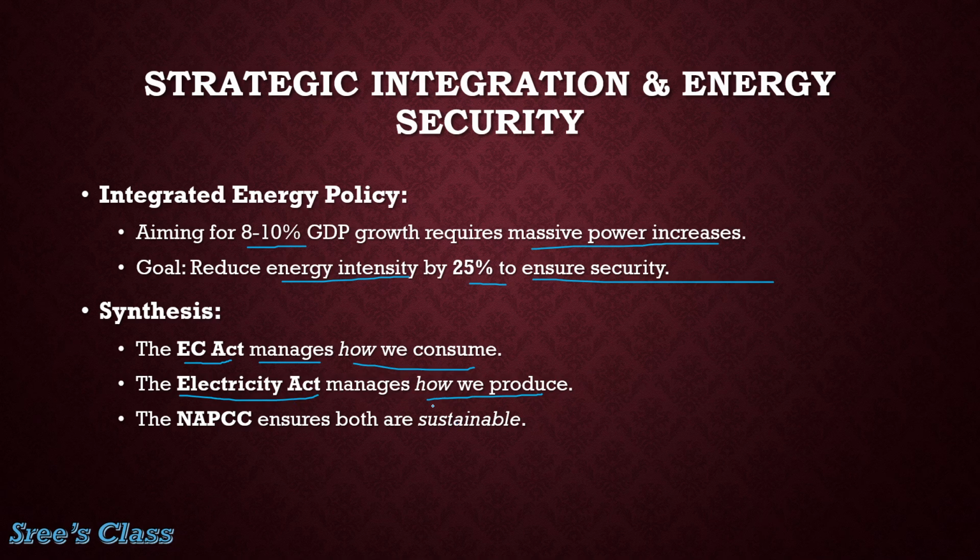The Electricity Act is related to production of electricity or energy, basically. Once we have produced, how we consume will be in the EC Act. And NAPCC, the National Action Plan for Climate Change, ensures both are sustainable, that is, whether it is production or usage, it should be done in a sustainable way.